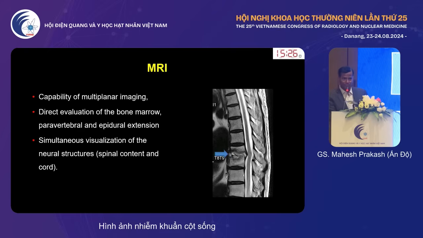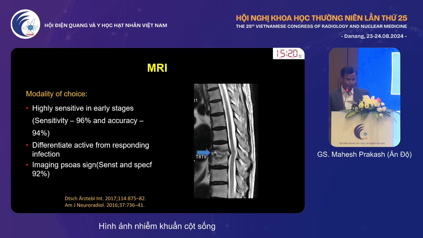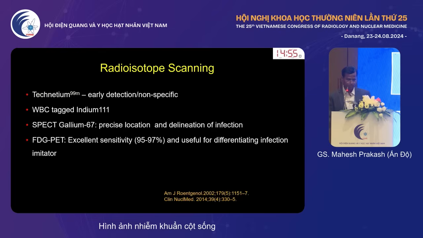If the infection causes any neural compromise, that can also be evaluated by MRI. That is why it is the modality of choice. It is highly sensitive, up to 96%, with an accuracy of 94%. It is very sensitive and specific, and it can differentiate whether the infection is active or resolving. We'll also see some signs where MRI is more diagnostic.